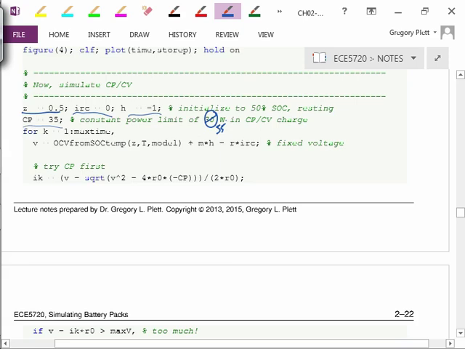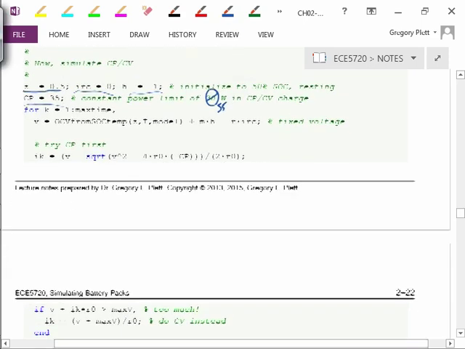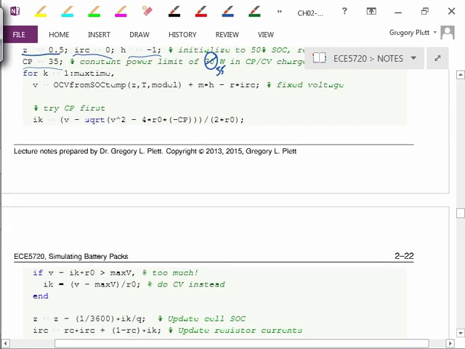The program loop is almost exactly the same. So first I calculate the fixed part of the voltage, exactly the same as before. Then I compute the current required to achieve constant power, and that solves that quadratic equation with the sign of the quadratic making voltage positive.